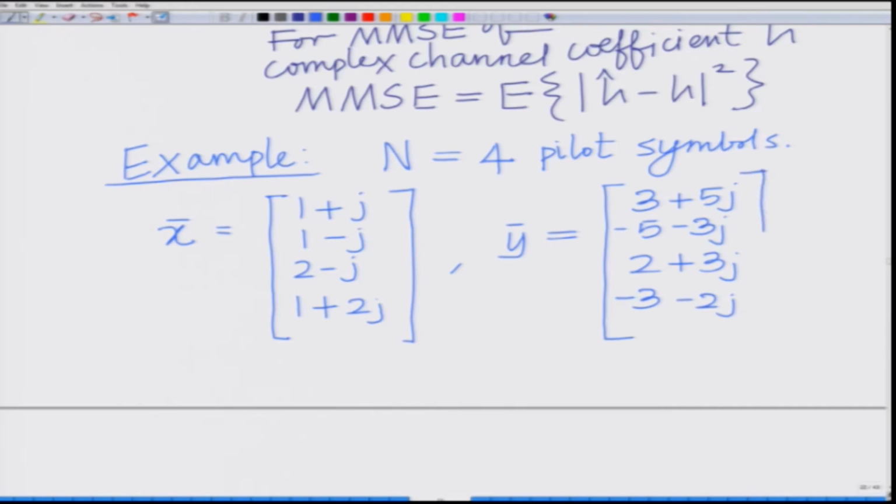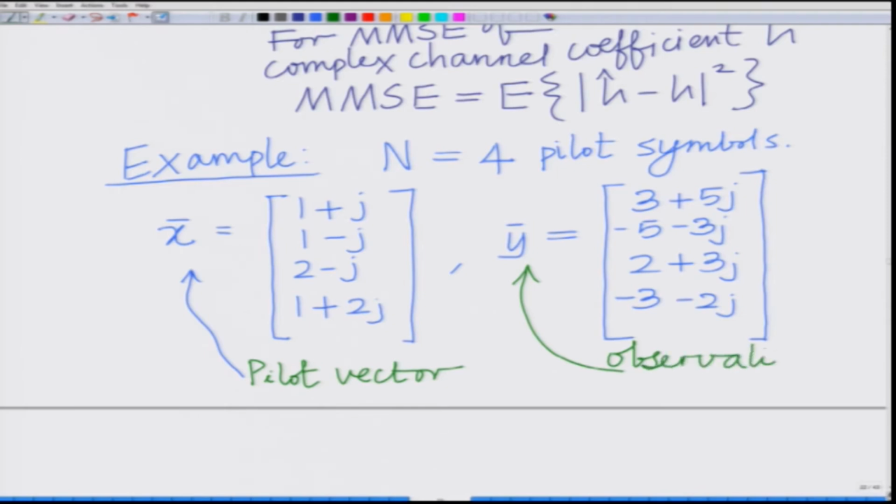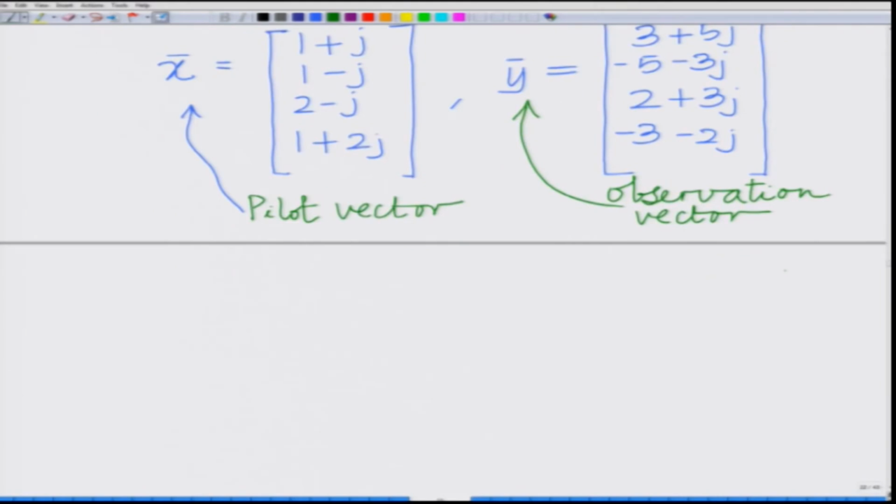So, this is our pilot vector, and this is our observation vector.